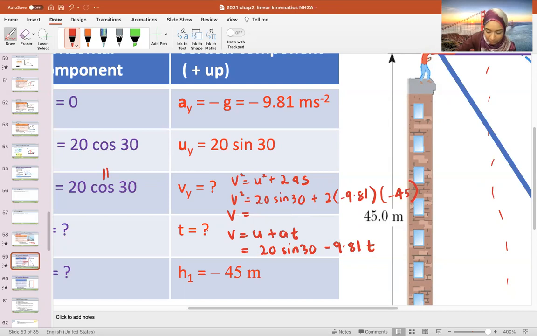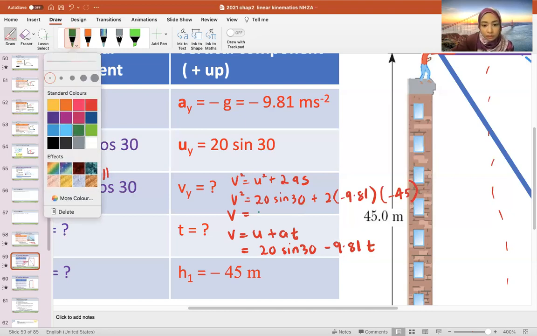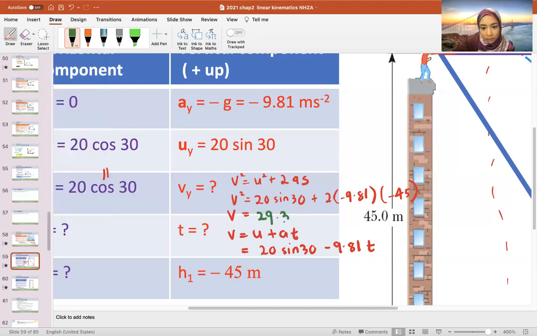Come on guys, how much is this? 29.38. Okay, yes, thank you. 29.38. Wait, let me write in another color. 29.38. Okay, so 29.38 we got from here.